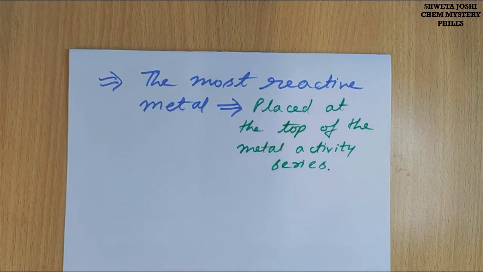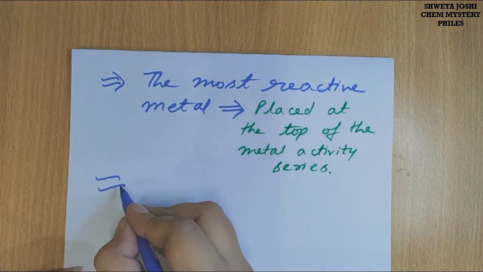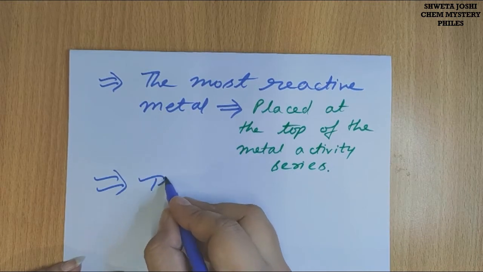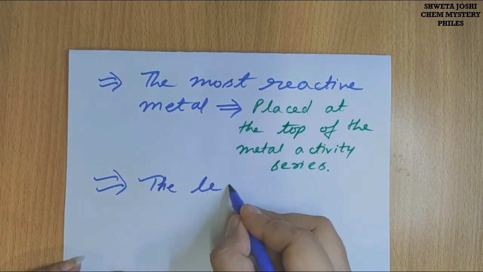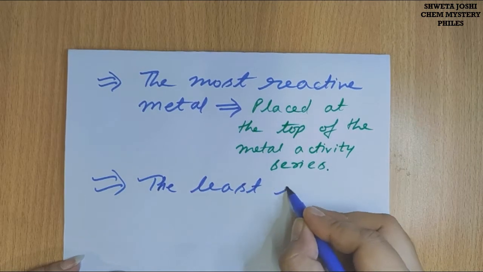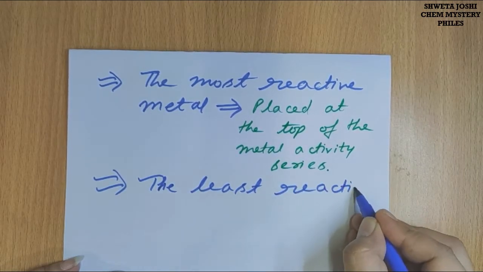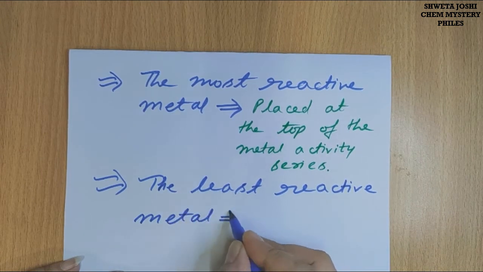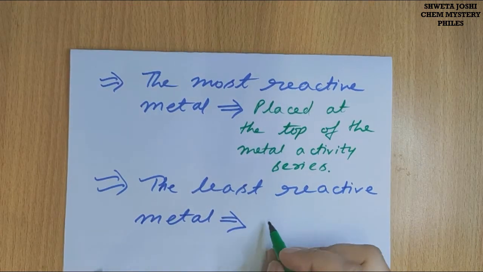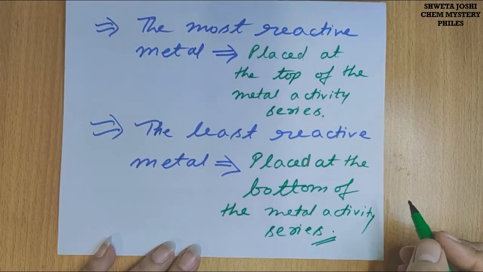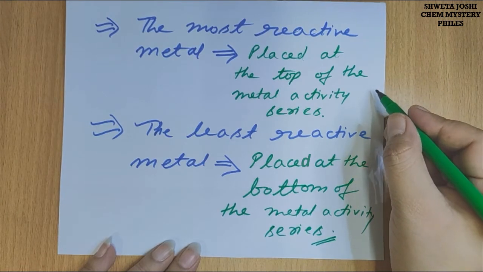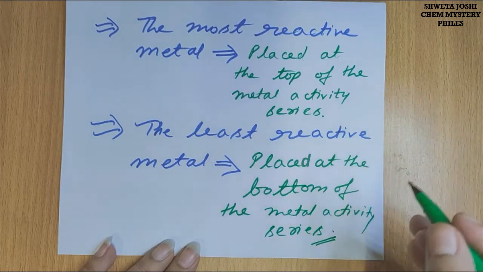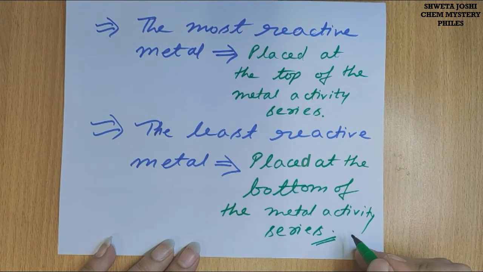And the least reactive metal is placed at the bottom of the series. So in metal activity series, at the top the most reactive, the most active metal is placed, and at the bottom the least reactive or the least active metal is placed.